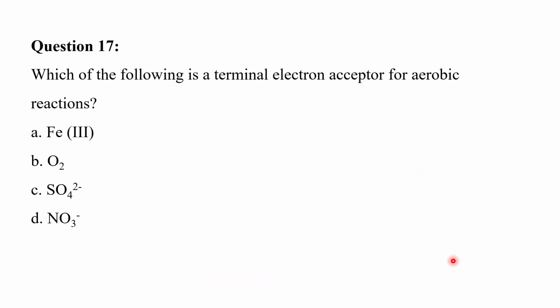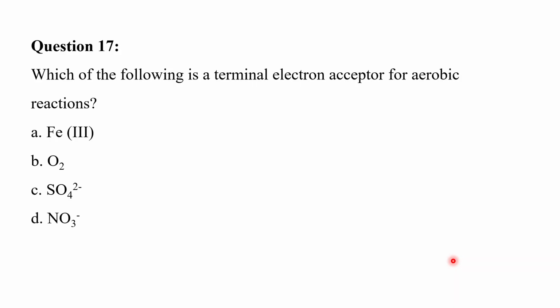So the next question. Question number 17. Which of the following is a terminal electron acceptor for aerobic reactions? So you have to tell which of the following is a terminal electron acceptor for aerobic reactions. We have seen the electron transport chain.